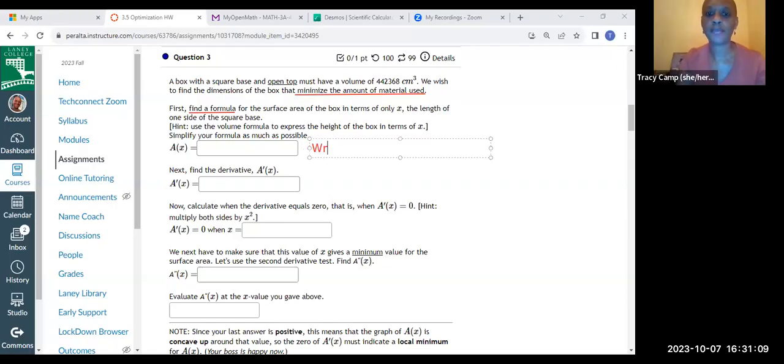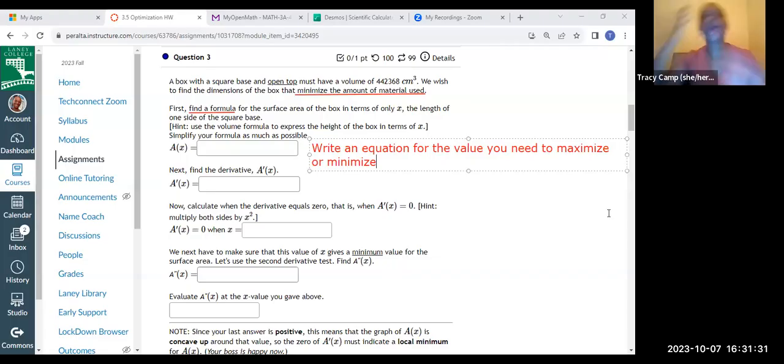So for your first step, write an equation for the value you need to, since you're either going to be maximizing something or minimizing something. That's the first thing you're going to do. And then after that, it's just like 3.3 or 3.4, where you're asked to find the max or min. That's all.